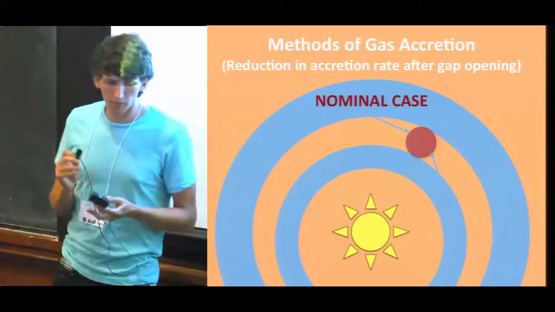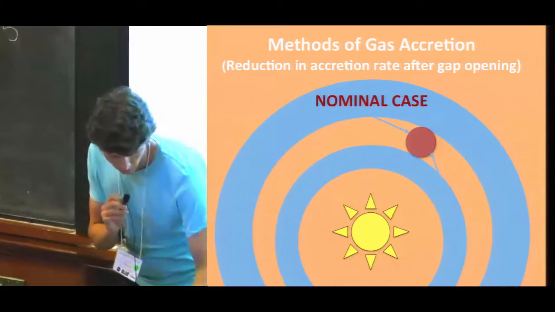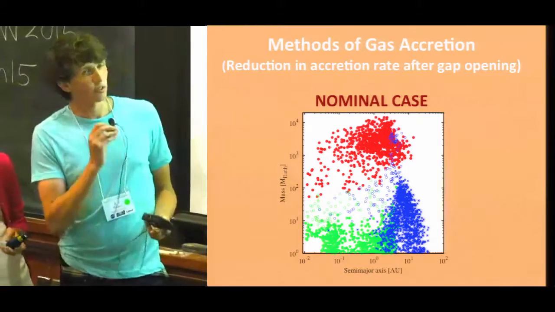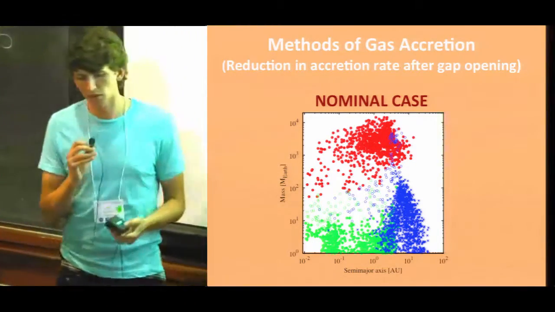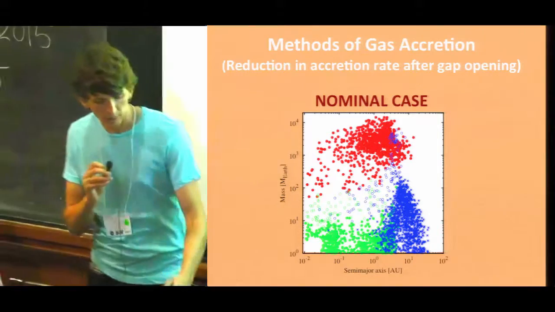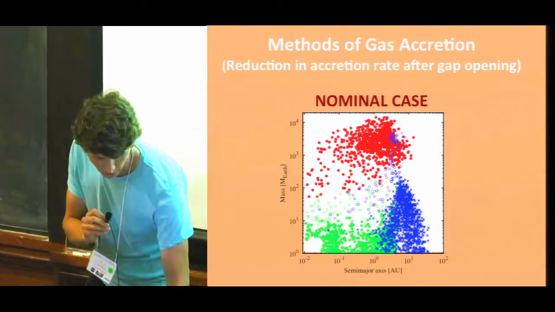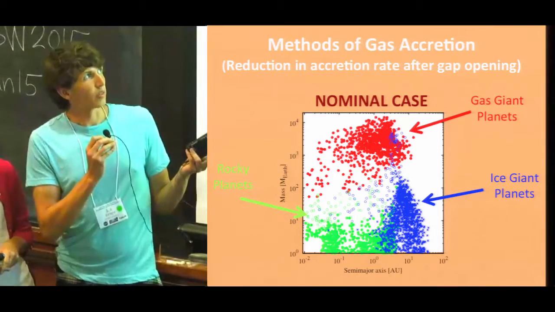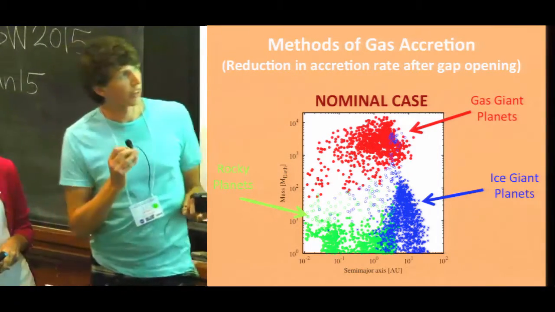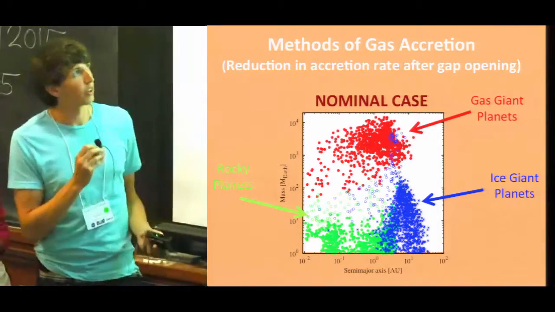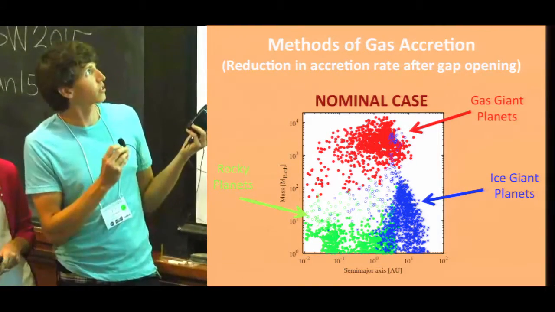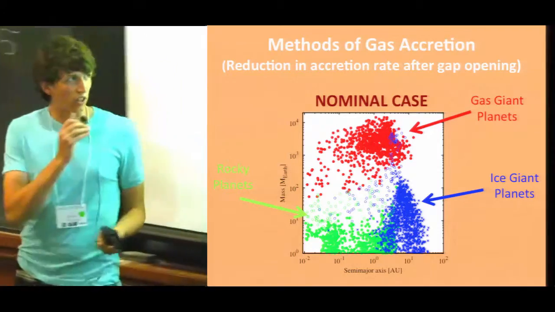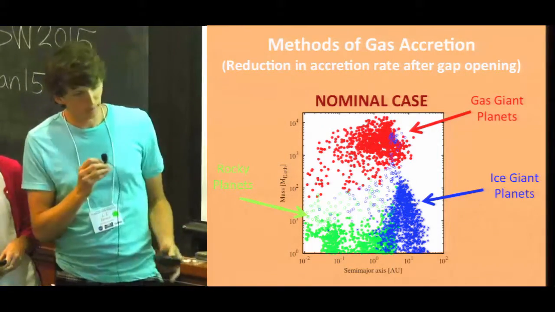So that's the main idea behind the nominal case, and the population which the nominal case produces has a wide range of planetary masses. So it produces most of the planets which we see in our solar system. It produces the gas giants, the rocky planets close to the host star, and the ice giant planets which are far away.